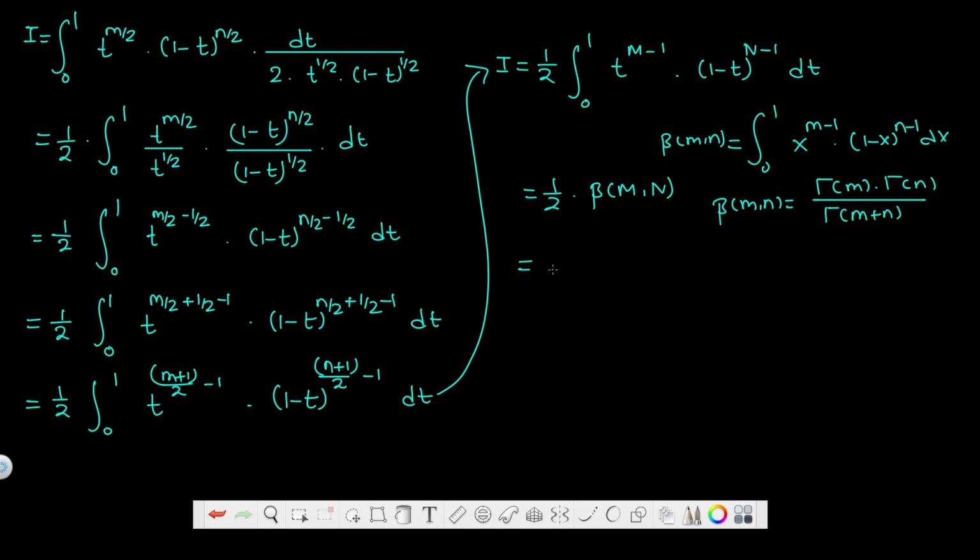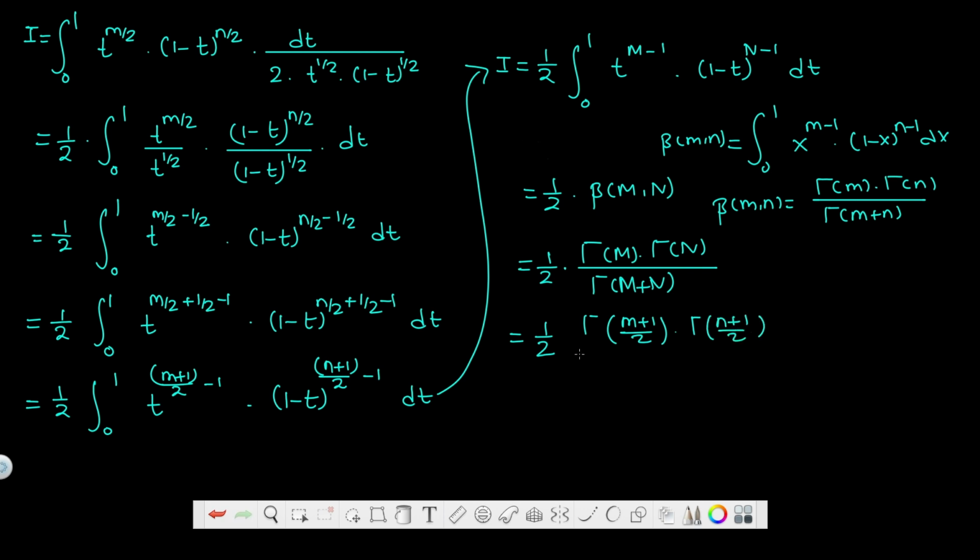So we can write 1 by 2 times gamma M times gamma N over gamma M plus N. So the capital M is m plus 1 by 2, so we can replace it with small m plus 1 by 2, and the capital N is small n plus 1 over 2.